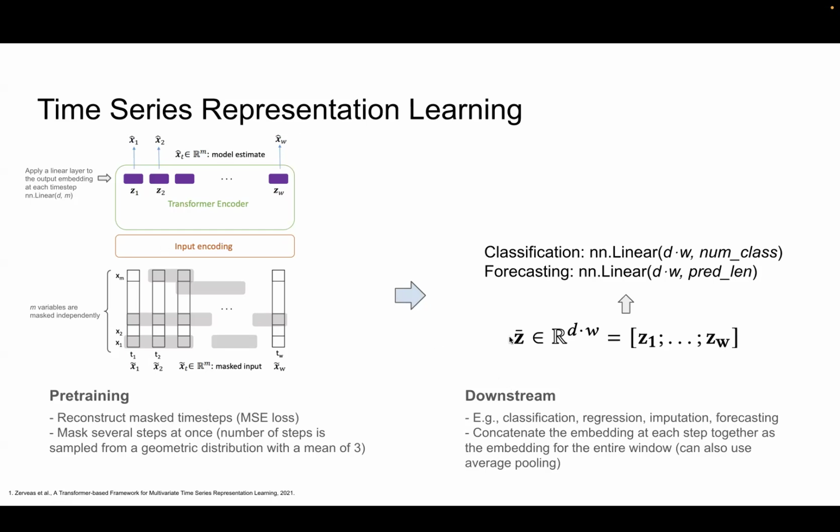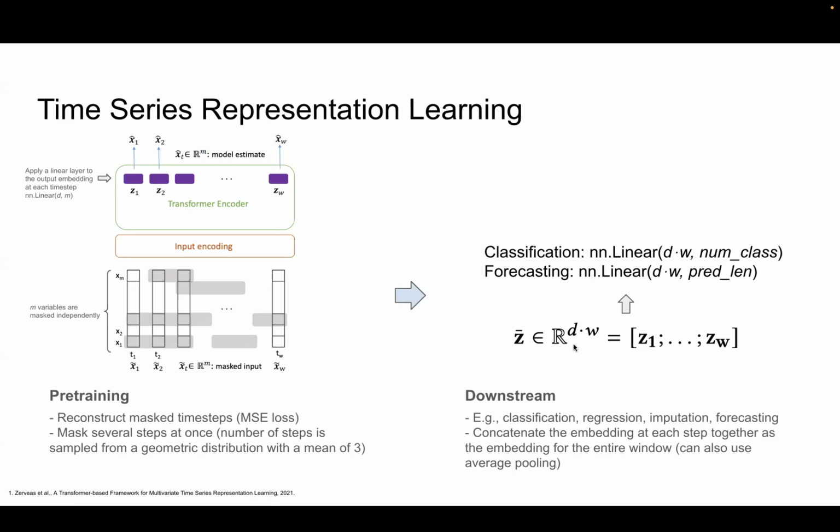Then during the downstream time, we can further fine-tune the model for different downstream tasks, such as classification, regression, or forecasting. The way we do that is we take all the output embeddings from the transformer encoder. So we take all these Z1 all the way to ZW and then concatenate them.